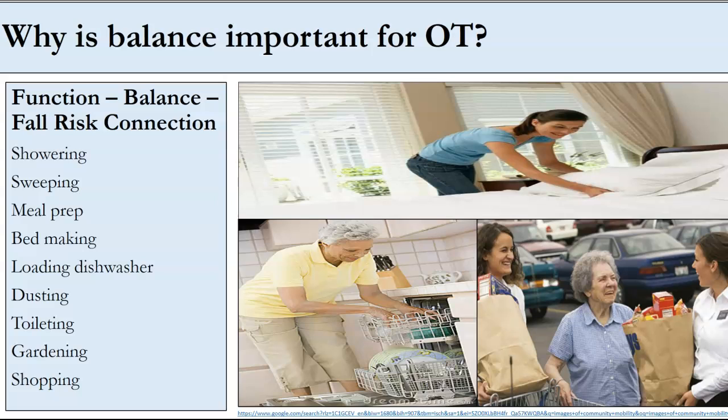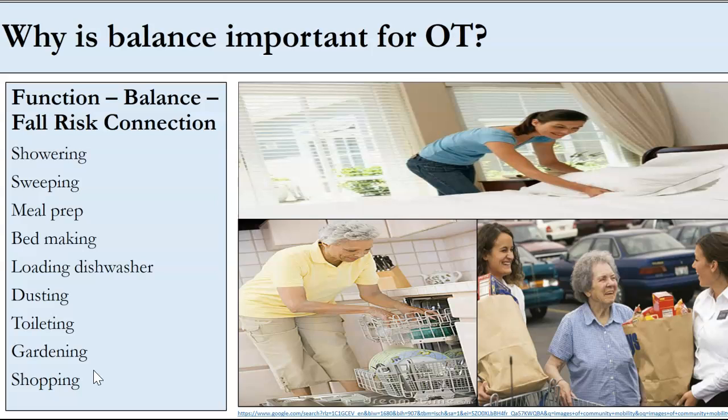Why? Because it's part of all these tasks, all these occupations that we do. When we make the bed, for example, there are high-level balance components. Unloading and loading the dishwasher, shopping. Shopping is huge in terms of balance. Showering, sweeping, meals, dusting, toileting, which we talked about, gardening, all require high degrees of balance.